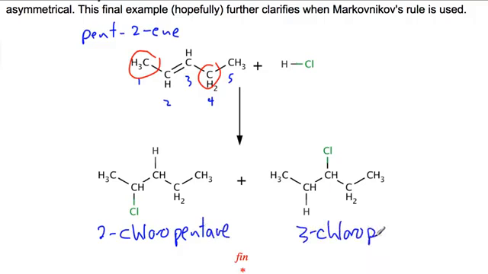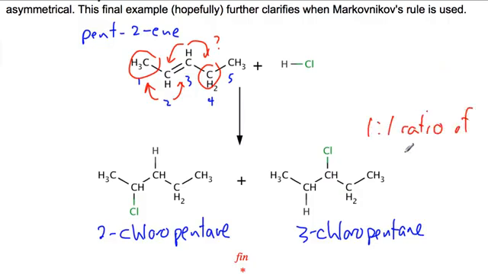And so if we try to invoke Markovnikov's rule, the carbon of the double bond that is bonded to more carbons, well, carbon 2 is bonded to 2 carbons, and carbon 3 is bonded to 2 carbons as well. So which one is bonded to more carbons? Neither. So which product predominates? Neither. And so this is where you'd see pretty much a 1-to-1 ratio of those two products.